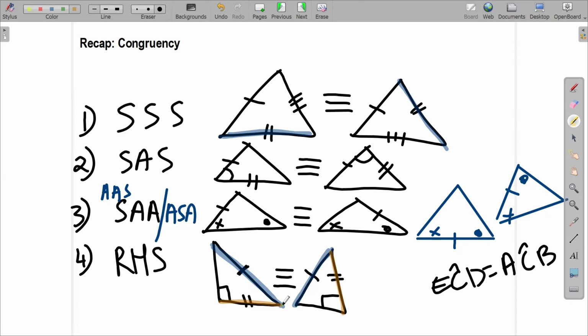So let us start with the case where you have to prove that 2 triangles are congruent.